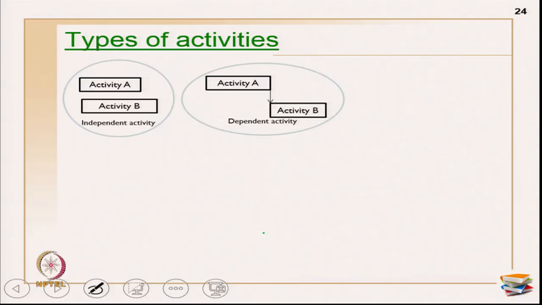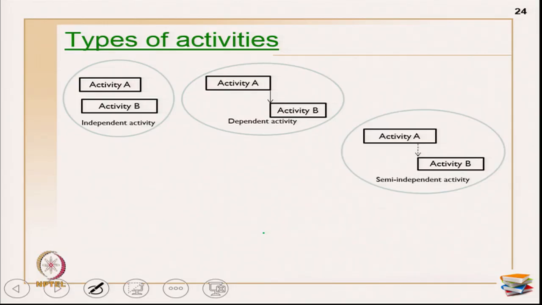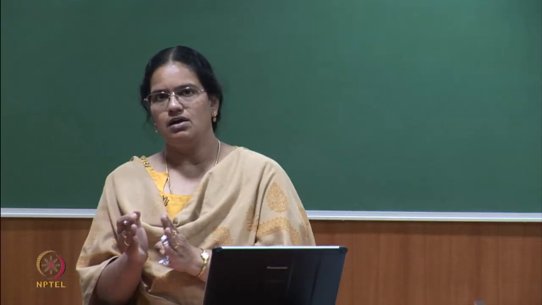The next is types of activities. We are just moving on to types of activities to show where we are and what all we have discussed so far. So, independent activity, dependent activity we have seen, we know what it is. So, your CPM, bar charts, whatever you have discussed so far will surely take care of independent and dependent activities. The next is semi-independent. Semi-independent means you need not wait till the end of a finish to start a conventional relationship.